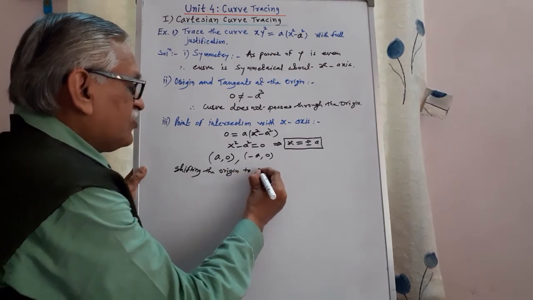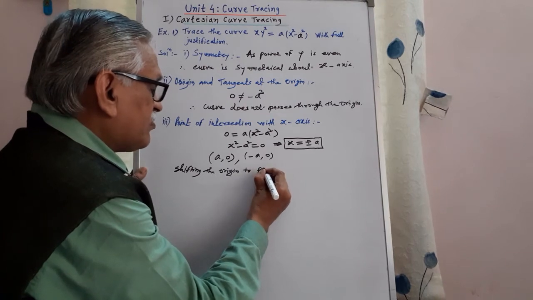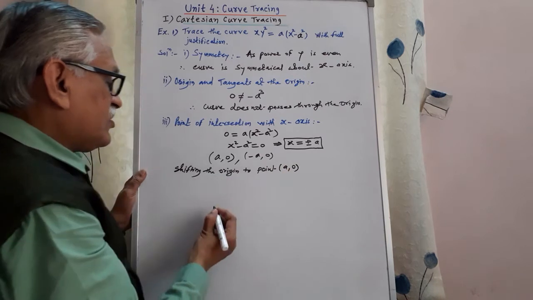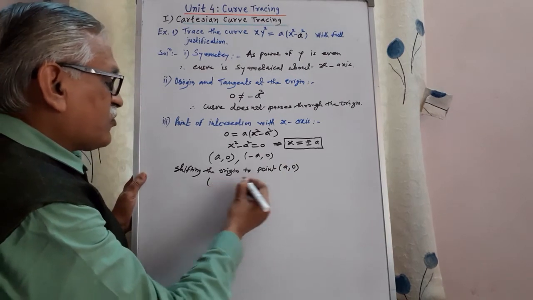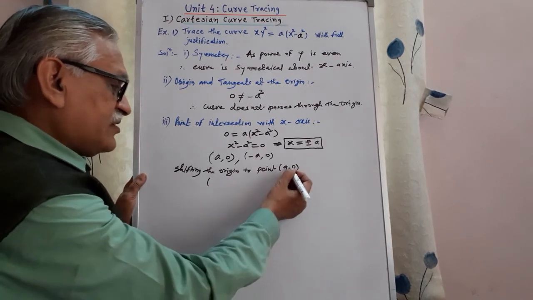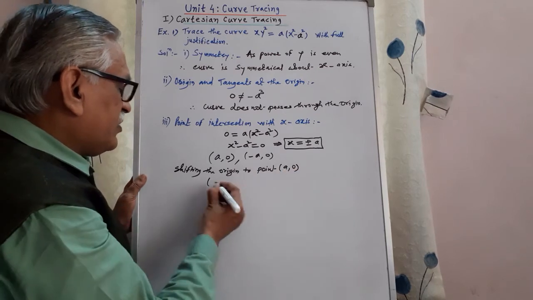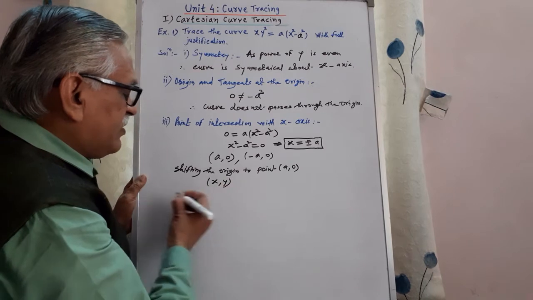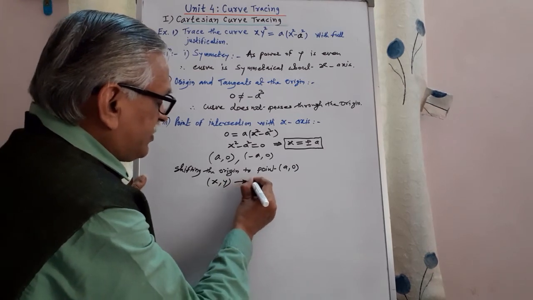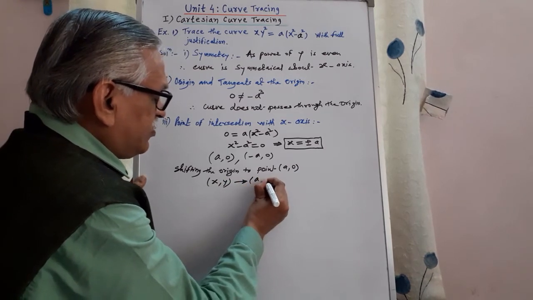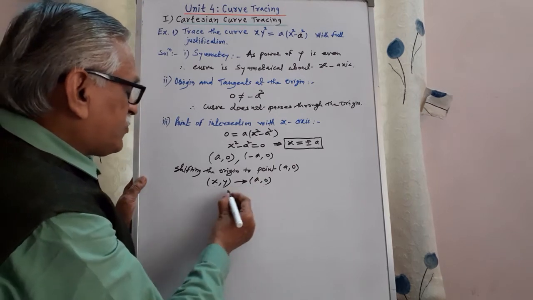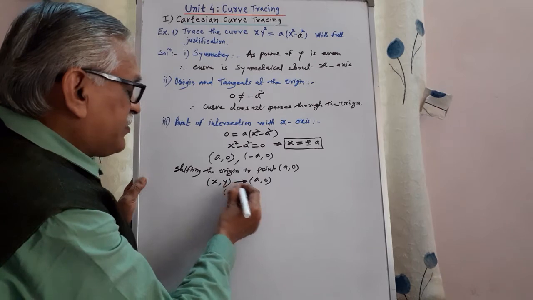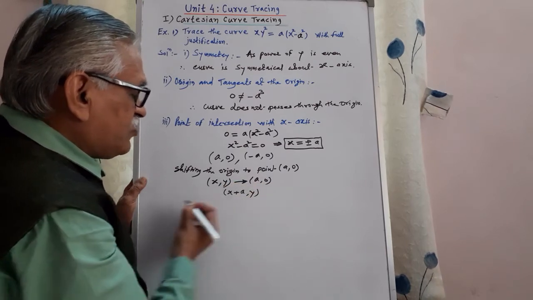Therefore, shifting the origin to point A0, we have to obtain the tangent at this new origin. For that, suppose the original coordinates are x and y, and from that we are shifting it to point A0. Change in x coordinate is x plus a, and change in y coordinate is y plus 0.